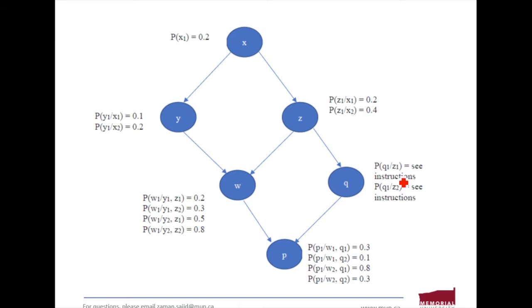I'm going to assume some values for these. Let's say I assume this value, the probability of Q1 given Z1, as 0.75. Every student will have their own values based on their student number. And this value, the probability of Q1 given that Z2, I'm going to assume as 0.775.